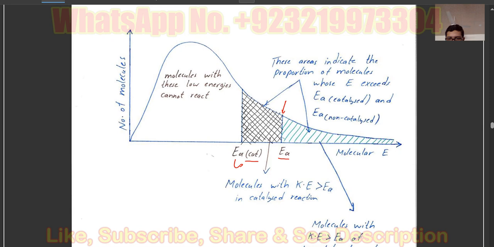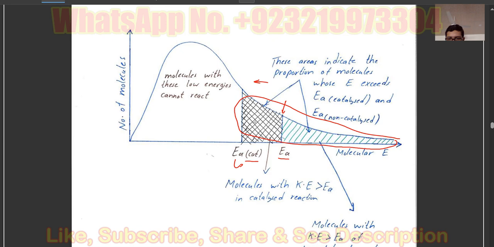So by using the catalyst, the value of the activation energy has been changed. It has moved towards the left side, and as a result, there are now more number of molecules as compared to the time when there was no catalyst.